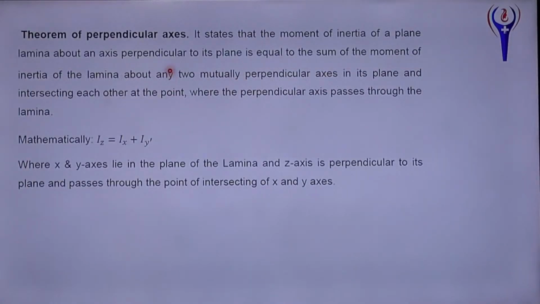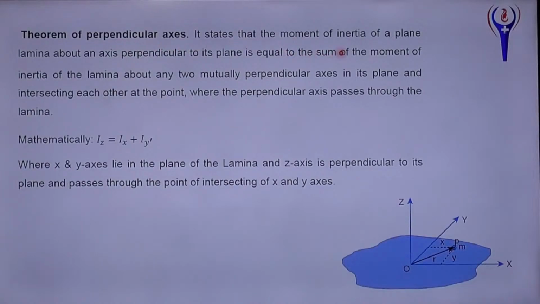Two theorems we will use to determine the moment of inertia of a rotational body. One is the perpendicular axis theorem. It states that the moment of inertia of a plane lamina about an axis perpendicular to its plane is equal to the sum of the moments of inertia of the lamina about any two mutually perpendicular axes in its plane and intersecting each other at the point where the perpendicular axis passes through the lamina.